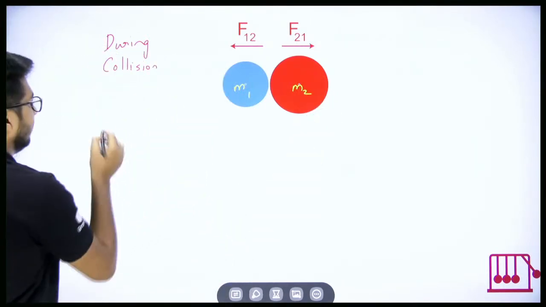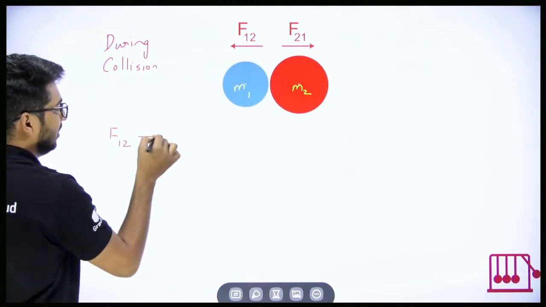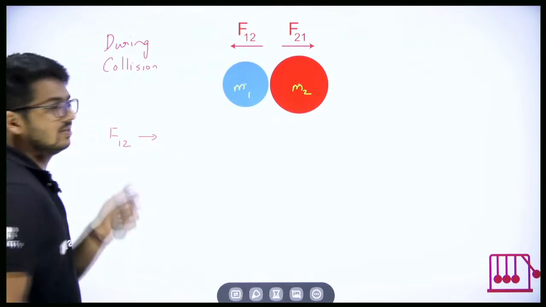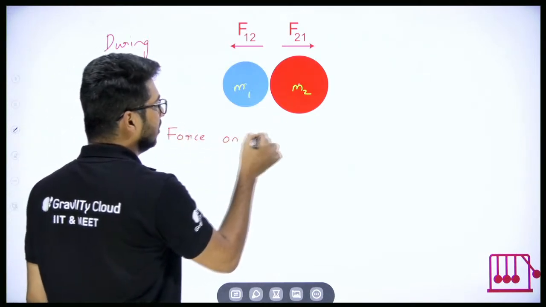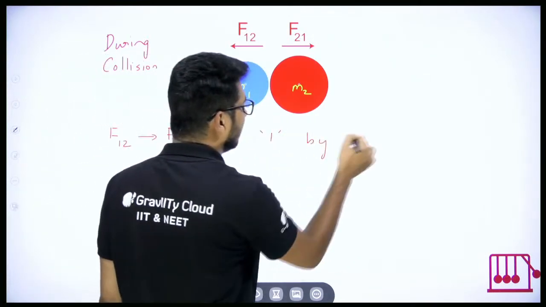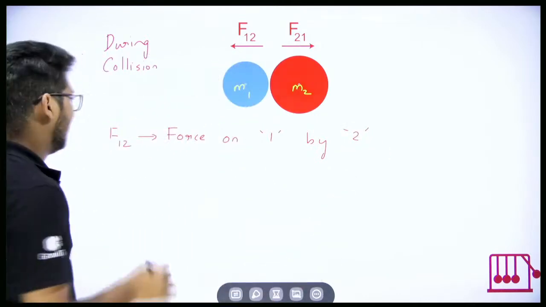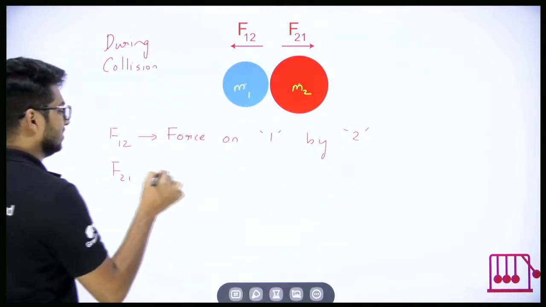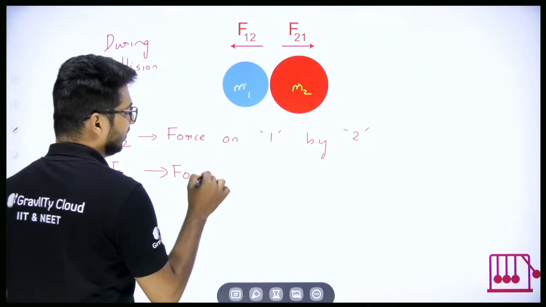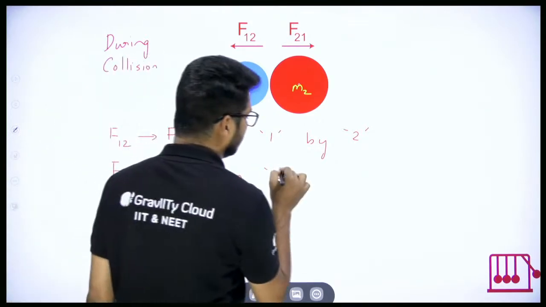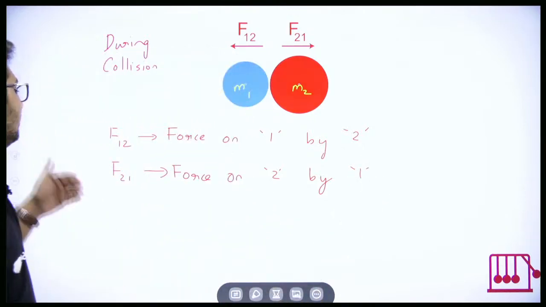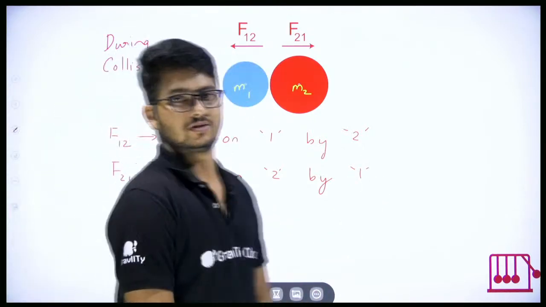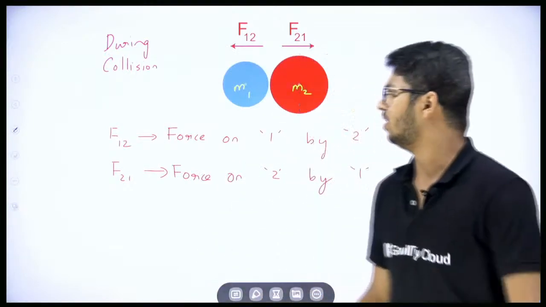First comes on, second comes by, so F12 is the force on object 1 by 2. And what does F21 mean? Again the same naming convention: first comes on, so force on 2, then by, so force on 2 by 1. So you have F12 and F21, two different forces. Clear? Pretty simple? Good enough.